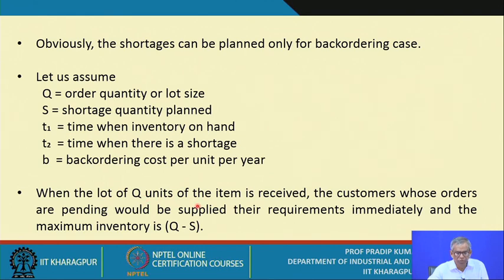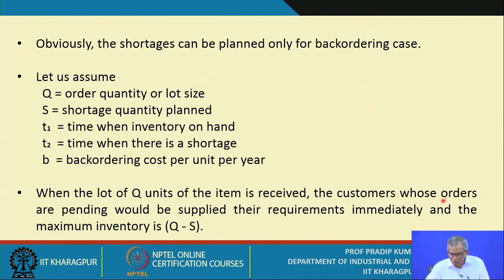When a lot of Q units of the item is received, that means suppose at time t equals T or t equals 0, you receive Q units of the item, okay. And the order cycle starts.